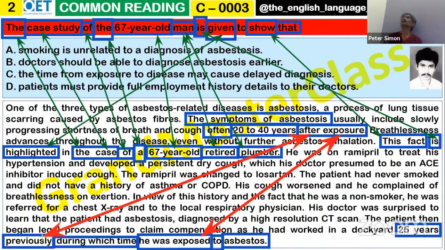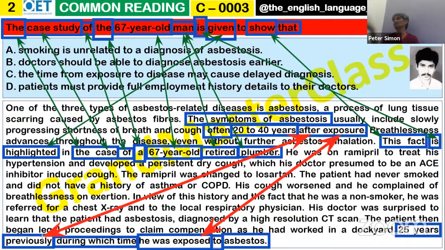So here the point is exposure and symptoms. The time gap from the time of exposure to the display of signs and symptoms is 20 to 40 years. Mostly or often, that means 90%.